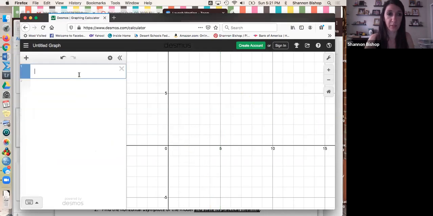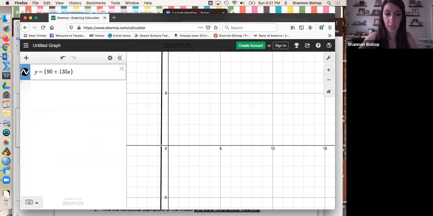If I go into my Desmos and just do a regular function, y equals 90 plus 135x divided by 1 plus 0.5x. Keep in mind, when you put it in Desmos, it's not fancy variables anymore.